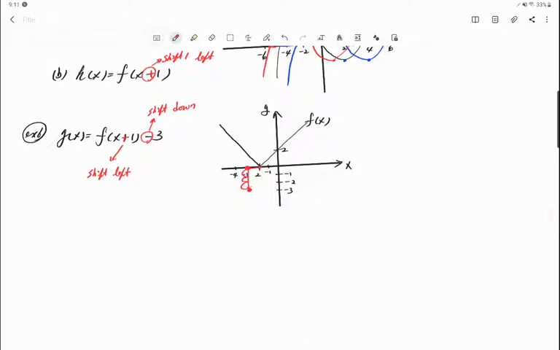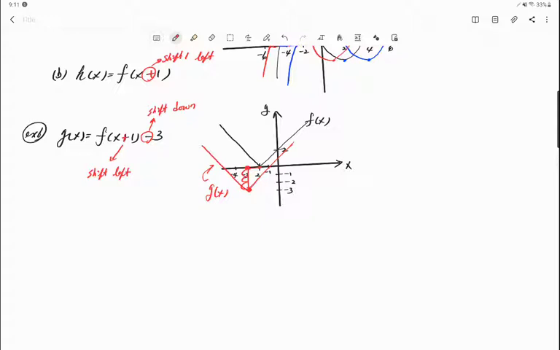And then from this, let's graph it. So the graph looks like this, right? Something like this. So this is the graph of g of x. Simple, isn't it?